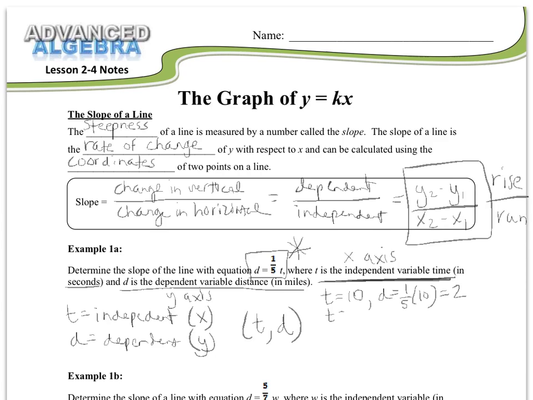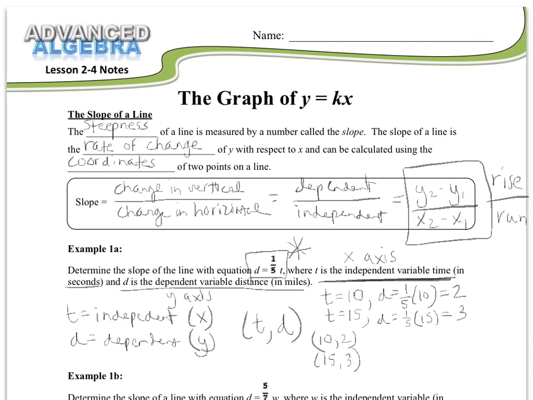When t is 15, d equals 1/5 of 15. So d is 3. So we have 10 and 2, and then 15 and 3.